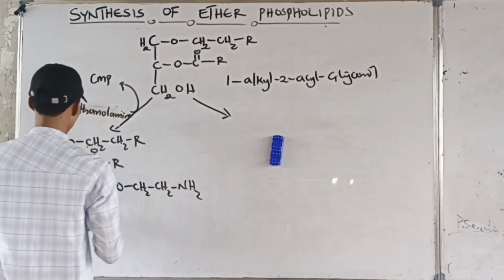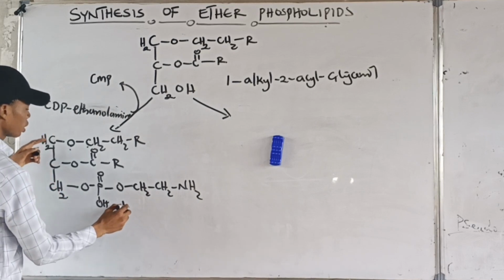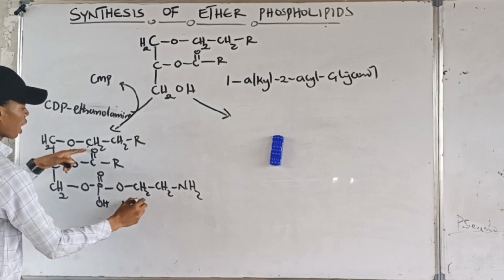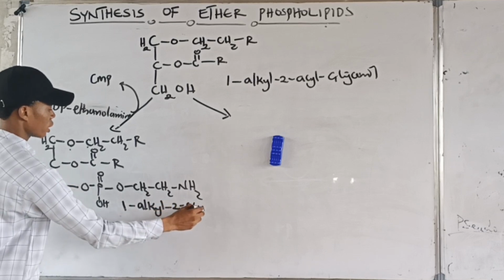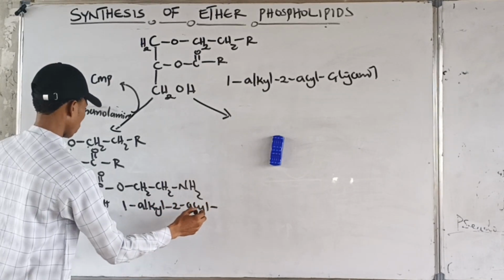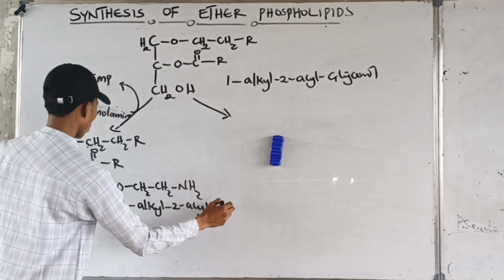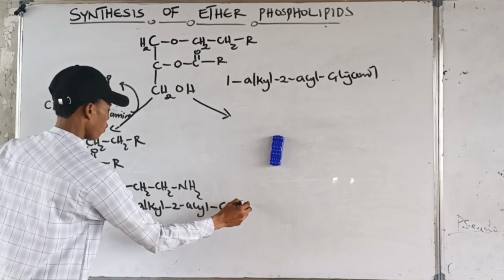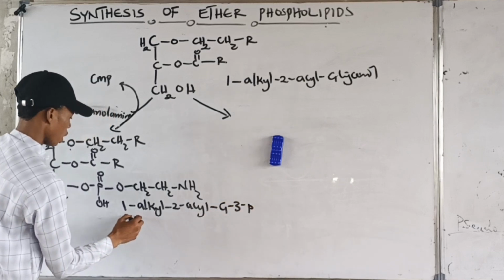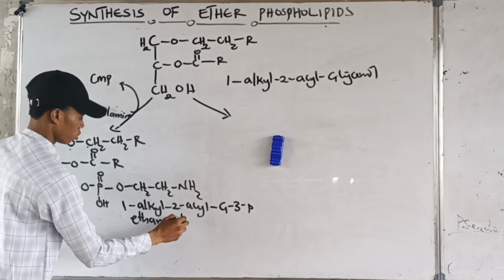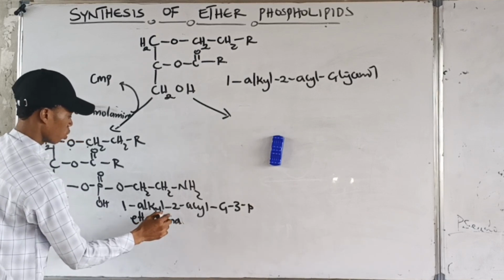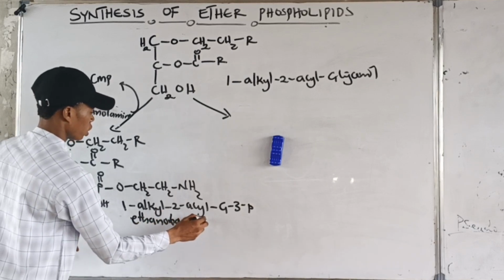Alright, what we have on the board here is called 1-alkyl 2-acyl glycerol 3-phosphate ethanolamine. This is what we have on the board.